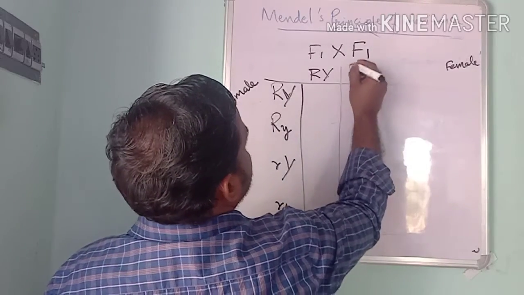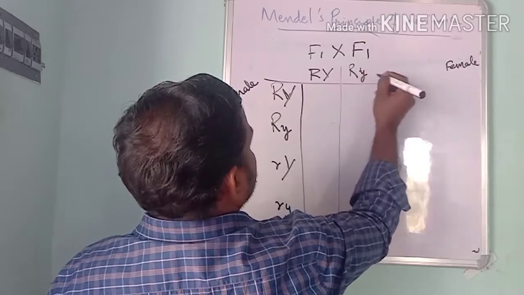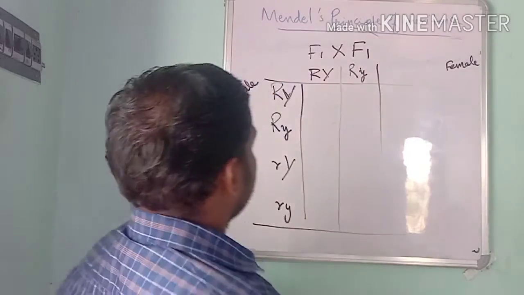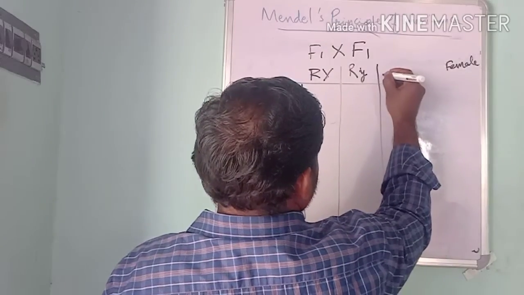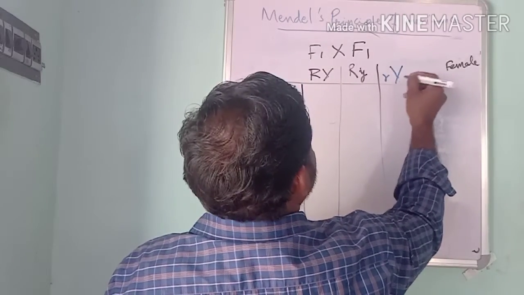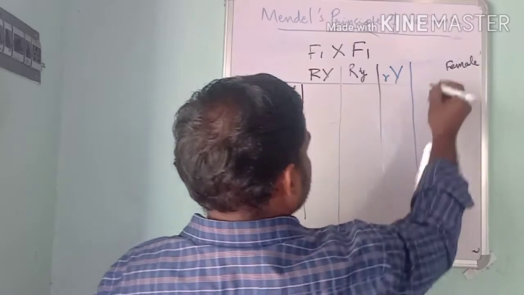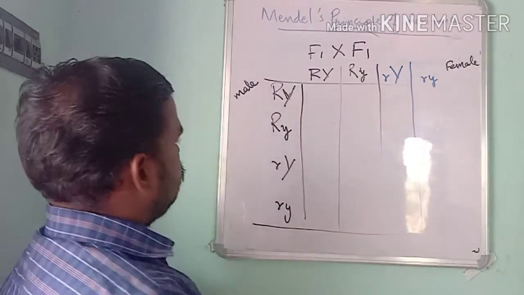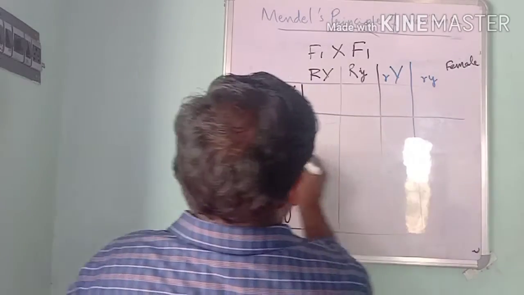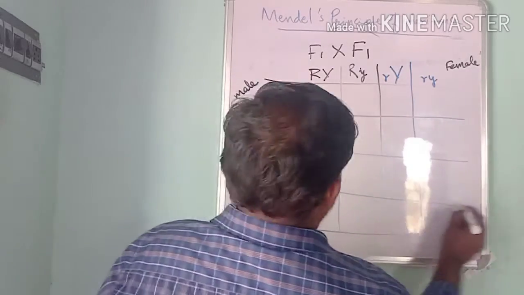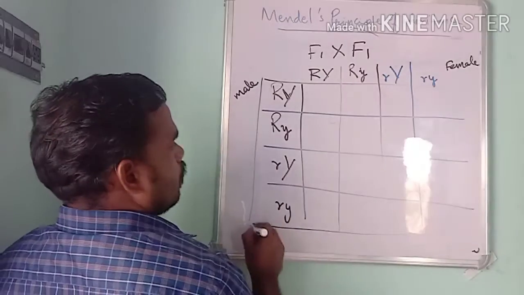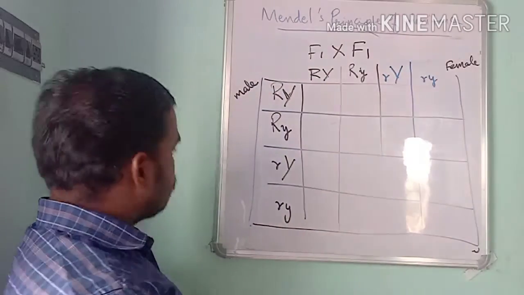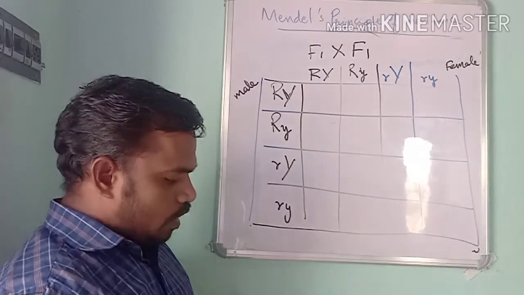Here it is very easy to find the combination of the F2 progeny.